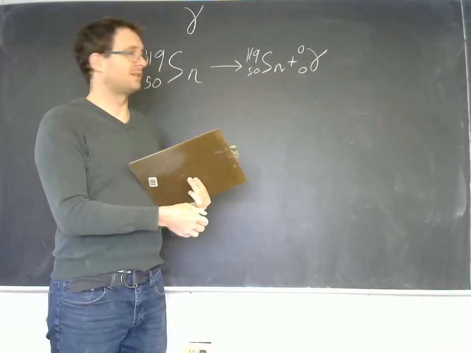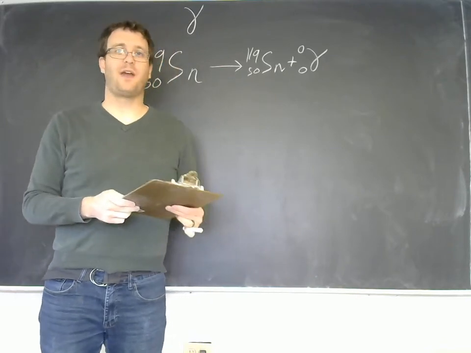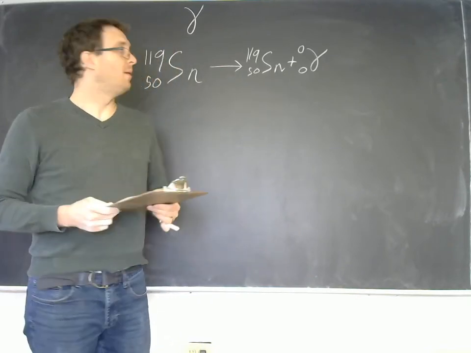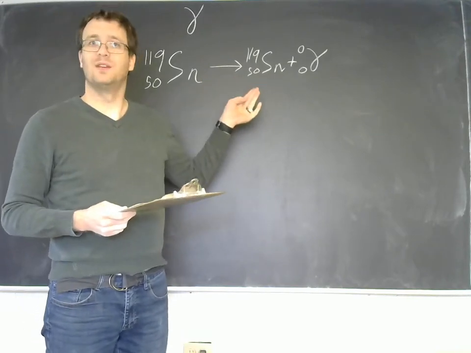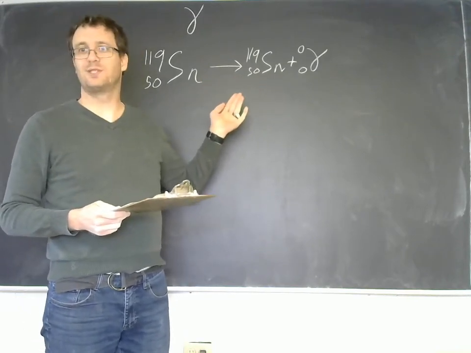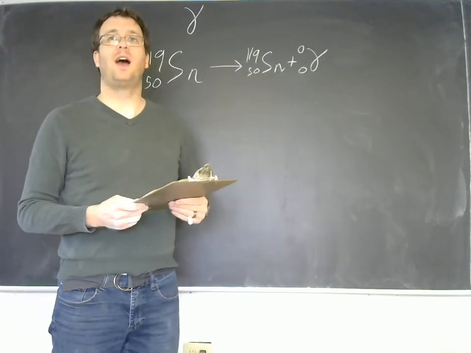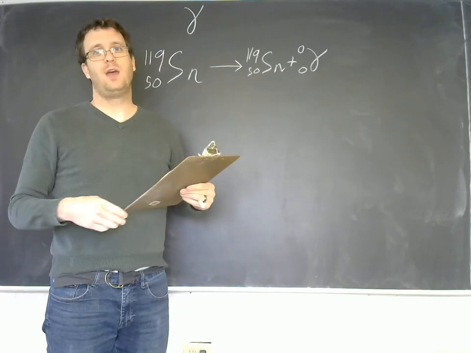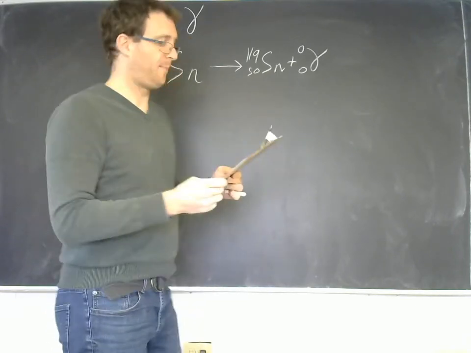Anyway, it's a fun idea. I'm not aware of it actually being carried out in any practical sense, but rechargeable is the key point. You would still have tin after this reaction. You would still have hafnium after that reaction, and so it's like a rechargeable nuclear battery, which is a cool idea. Okay.